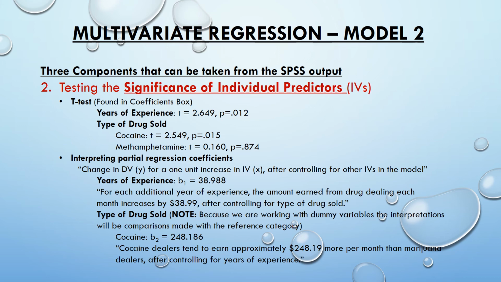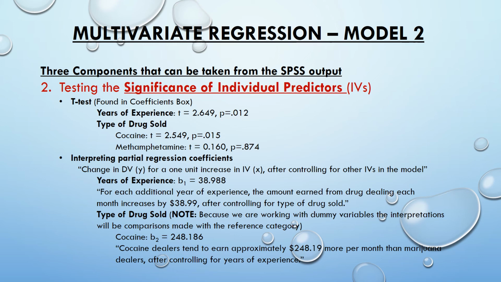But then we add in this little statement, after controlling for the other independent variables in the model. That's just sort of canned language that you find in statistics. So for years of experience, you'll see it changed a little bit from Model 1. Why? Because it's been distilled, it's been clarified, it's been made more pure. By adding in another variable, we get a better idea of just its unique influence.